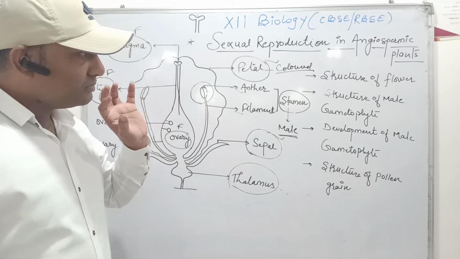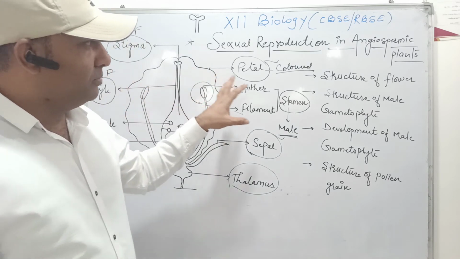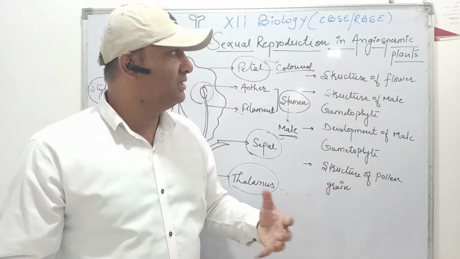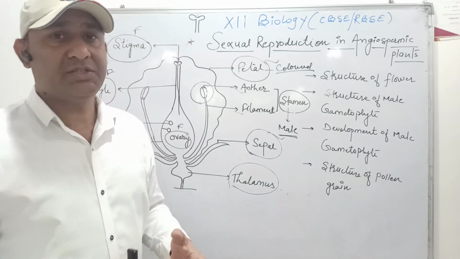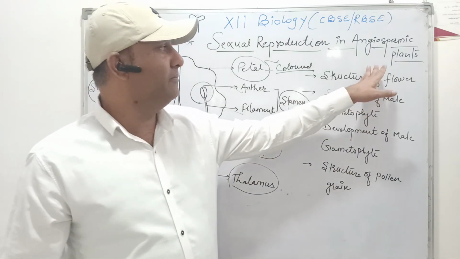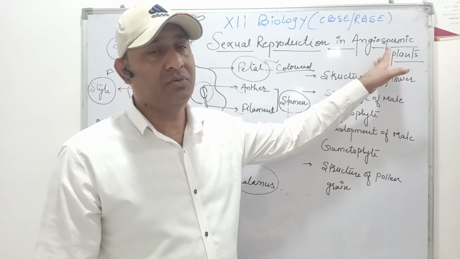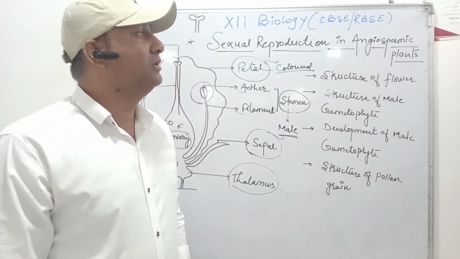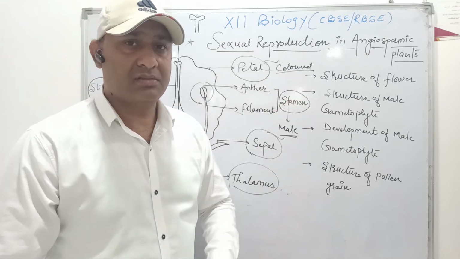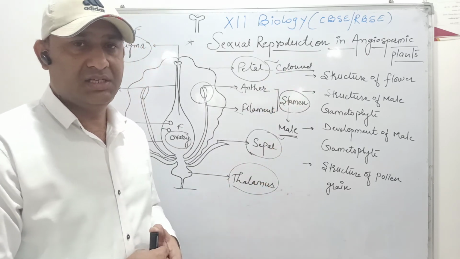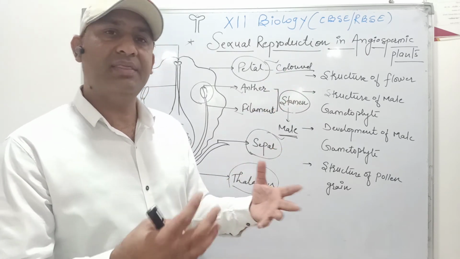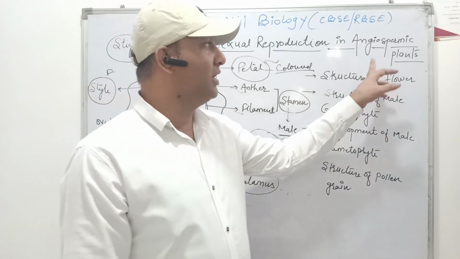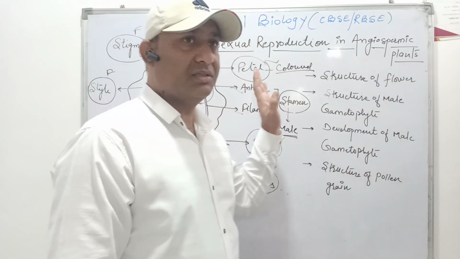Before we start sexual reproduction in angiosperm plants, you have to know, as per your previous class, that angiosperm is the developed class. Clear? As per classification in plants, it is the last or most developed class, which further divides into monocot and then dicot. So we discussed the angiosperm plants and their structure.